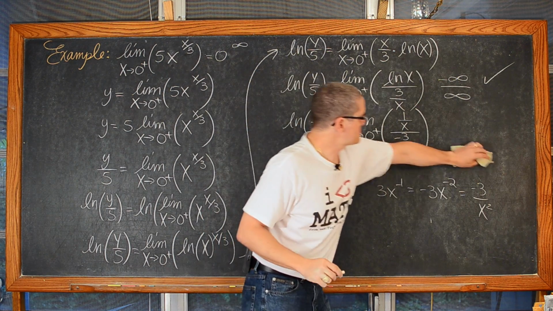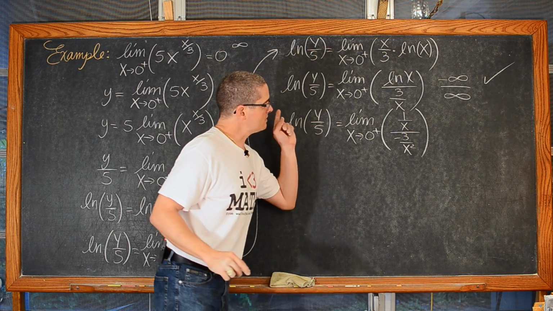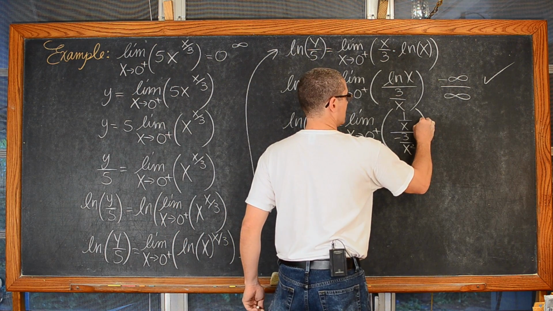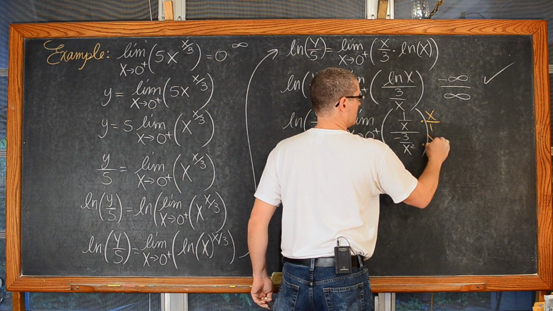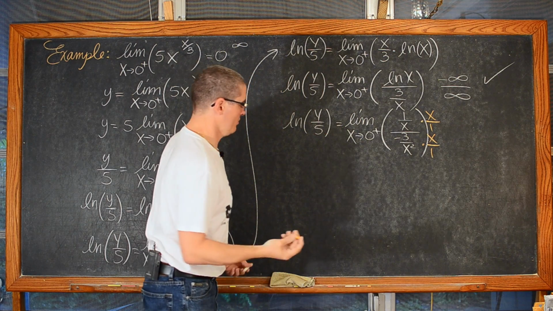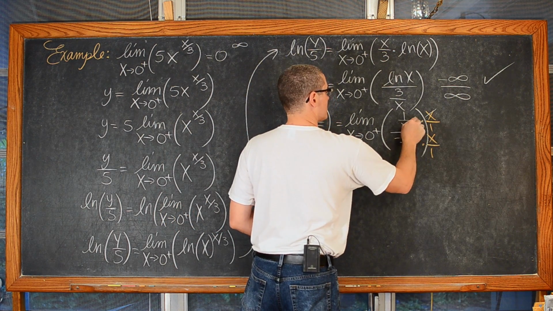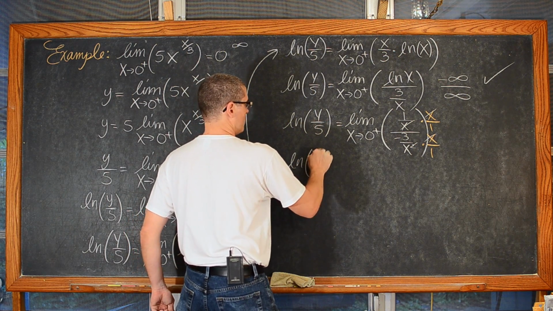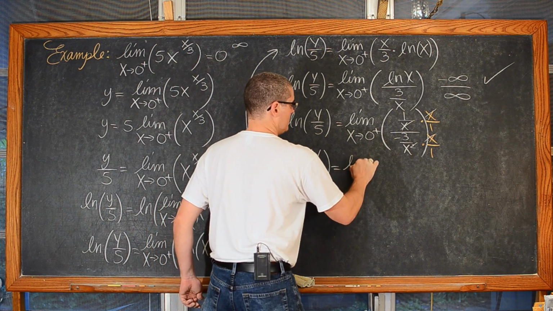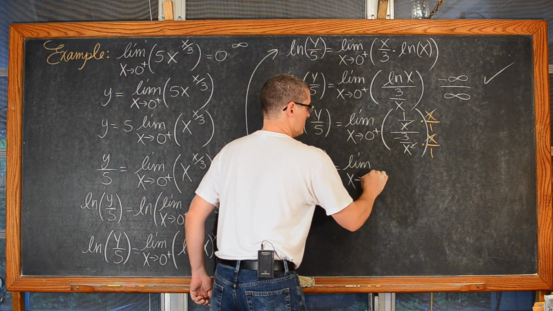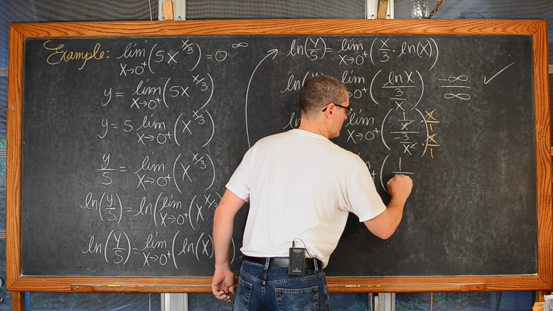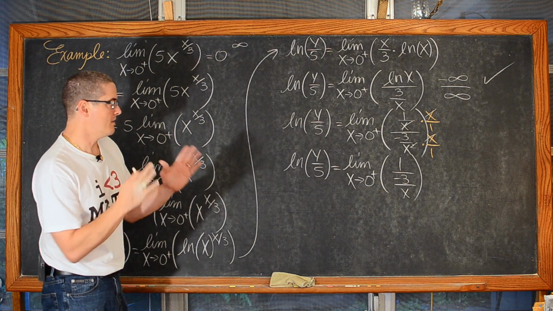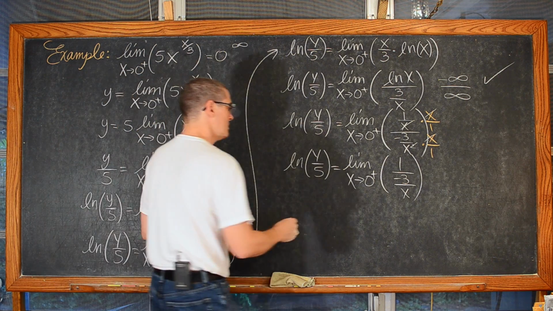Okay, so let's see here. Now if I multiply the numerator and denominator by x over 1, which is effectively just 1, these x's are going to cancel out, and we get the natural log of y over 5 is equal to the limit as x approaches 0 from the right of 1 over negative 3 over x.